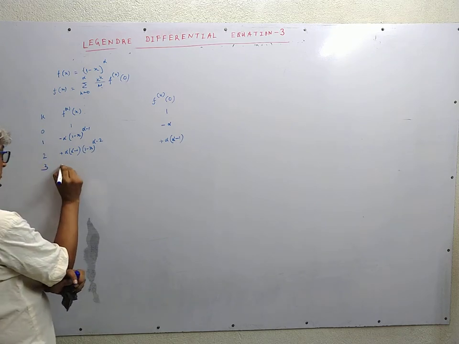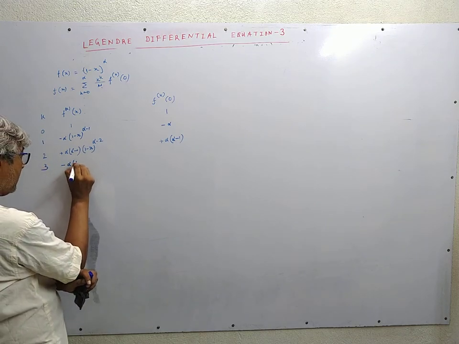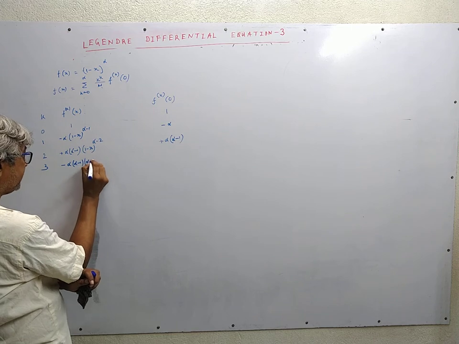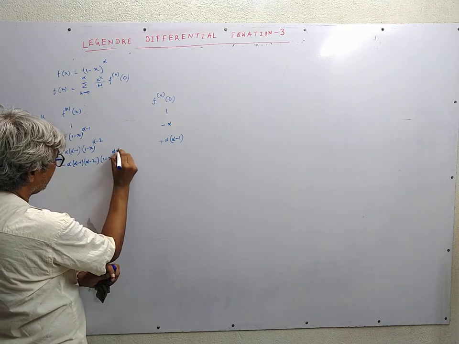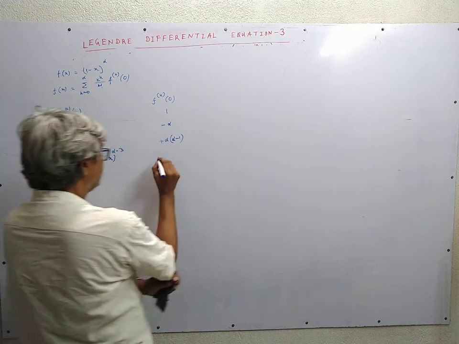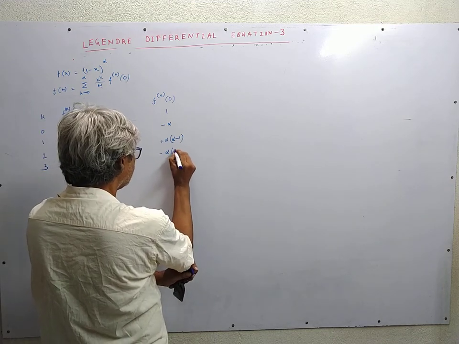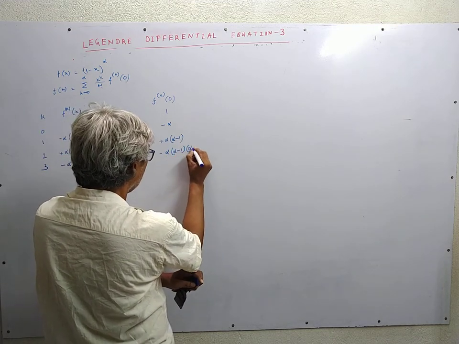The third derivative is minus alpha, alpha minus 1, alpha minus 2, 1 minus x to the power alpha minus 3, so at 0 this is minus alpha into alpha minus 1 into alpha minus 2.